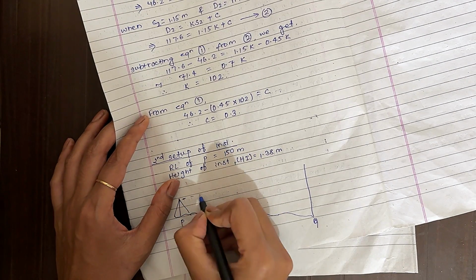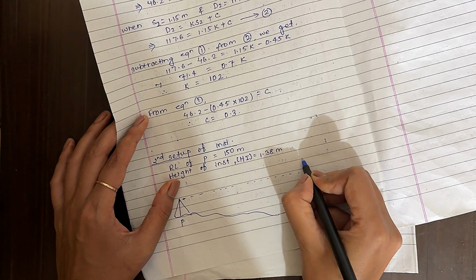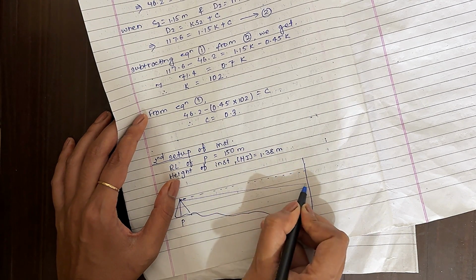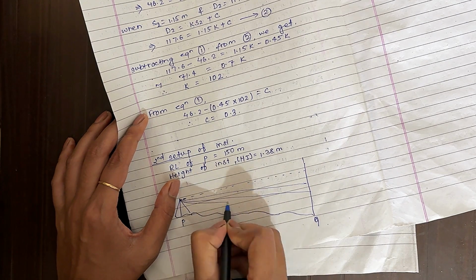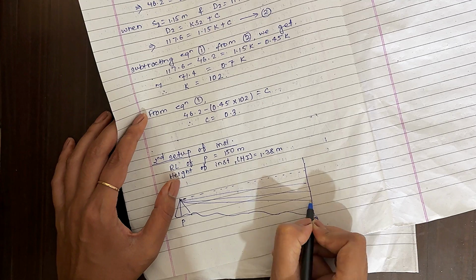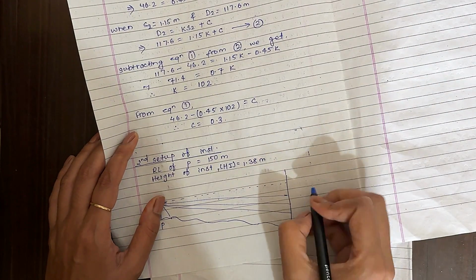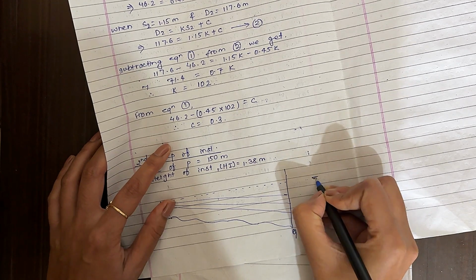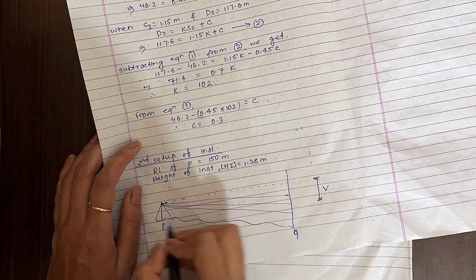So this is the horizontal distance, this is the line of sight, this is the reading from the instrument. So the distance between the line of sight and the middle reading is V.